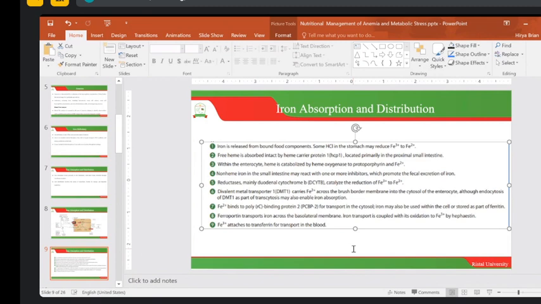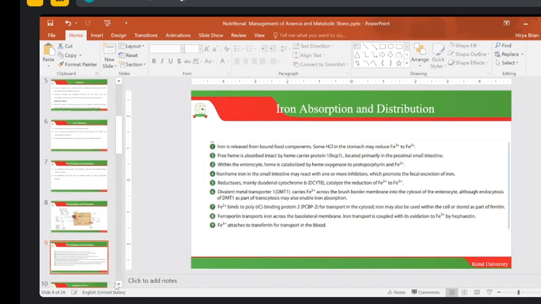And we've seen the reaction from the stomach acids, the HCl, and also all these have the carrier proteins that are key in transporting this iron throughout the cell. And also we've seen the role of the reductase enzyme that is key in helping in the absorption of the non-heme iron, really. All right, so let's proceed.